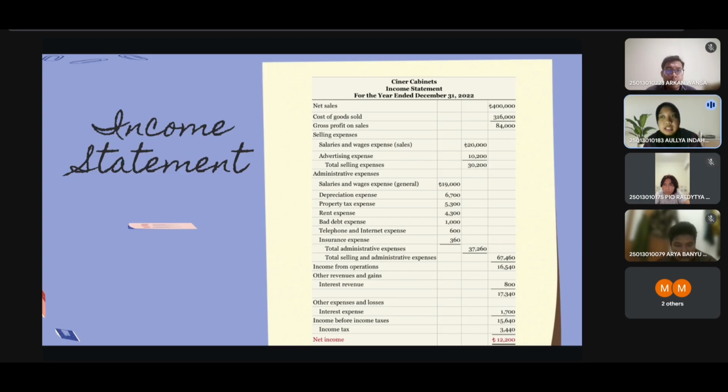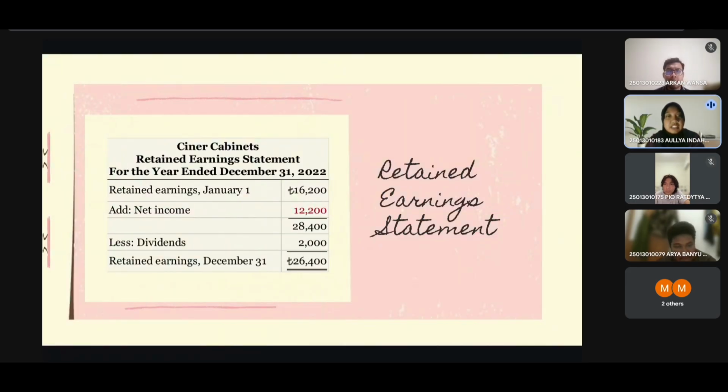After deducting all of these, we get the income from operations of 16,540. Then we add other revenues such as interest revenue, and deduct other expenses such as interest expense. After all of these steps, we get the net income of 12,200.